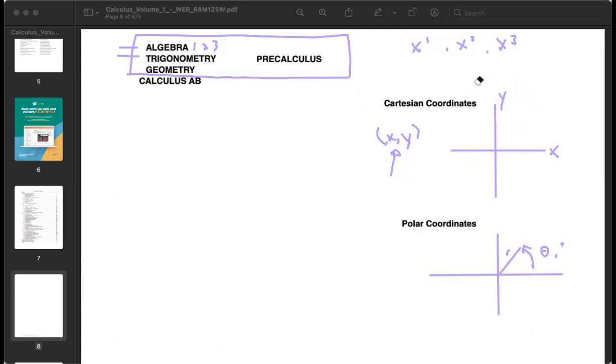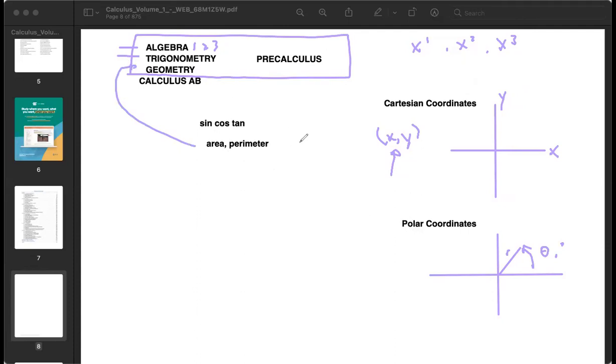So what else do I want to point out? You've got your trig, you've got your sine, cosine, tangent, and all of those graphs. In your geometry, you should understand the area and perimeter of your geometric situations.